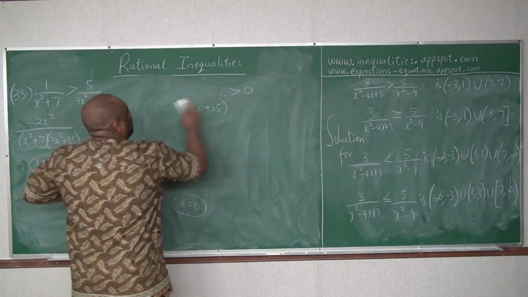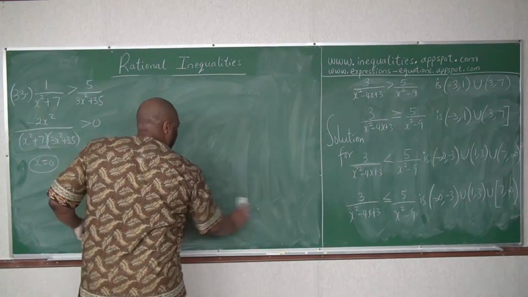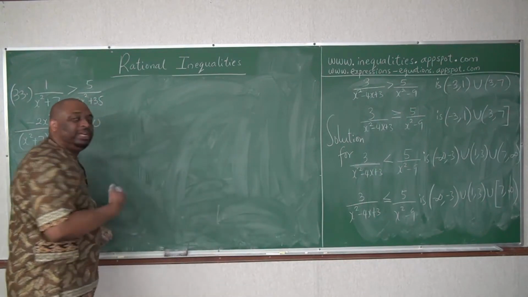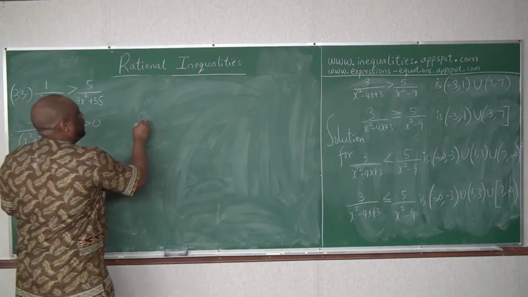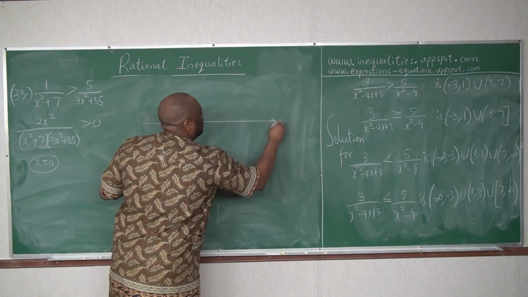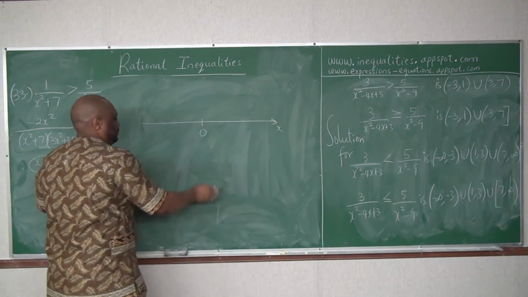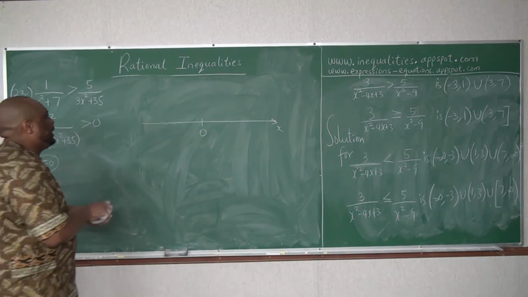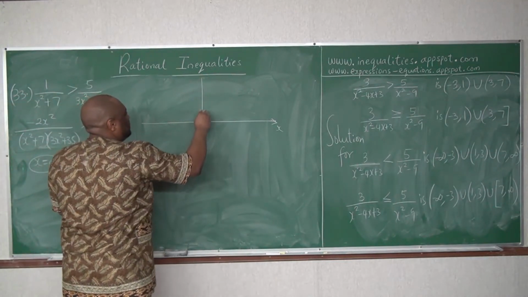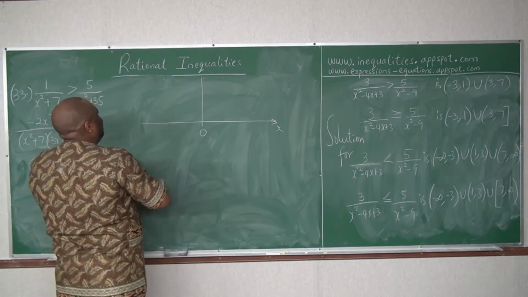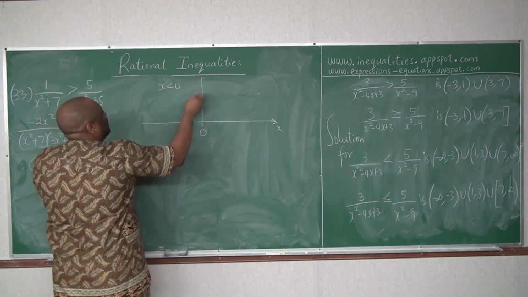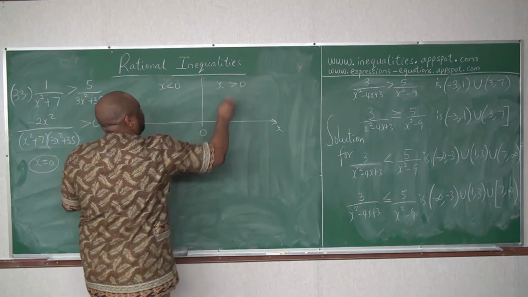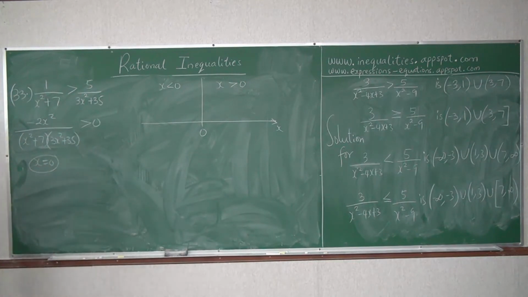Now, we put our test point 0. We have two test intervals here. The first one is x less than 0. The second one is x greater than 0. Okay, we test it.